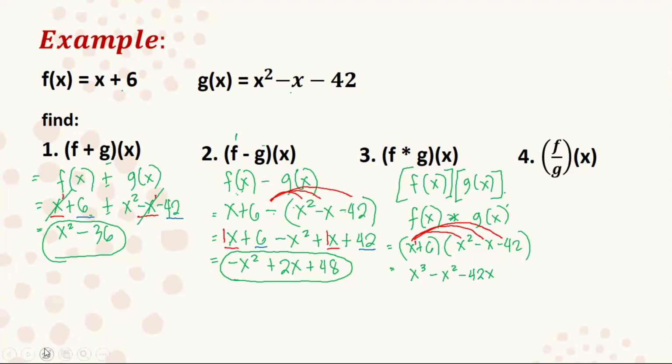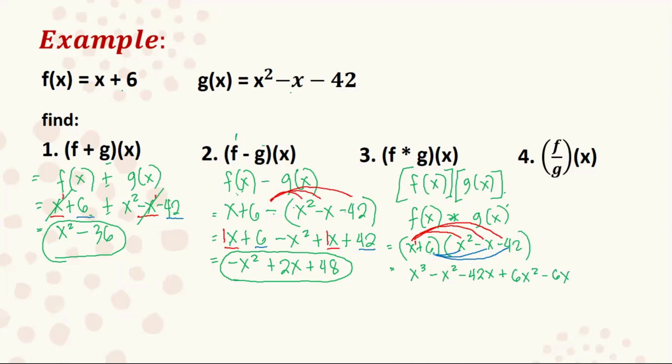Then what's next? Dito naman tayo sa second term ng binomial. We have to multiply the second term of the binomial by each of the terms of the trinomial. So 6 times x squared is simple enough, it's 6x squared. Next, 6 times negative x is negative 6x.